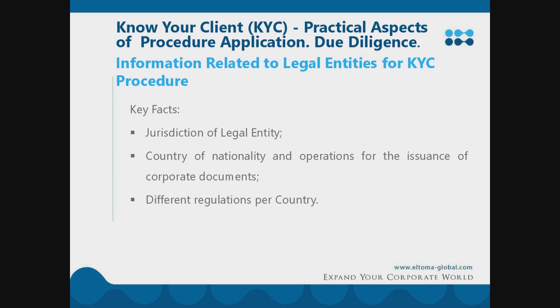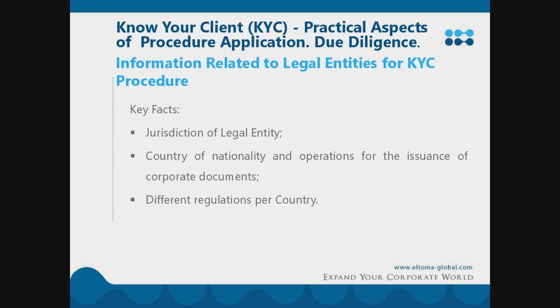Also, there are some key factors that influence the formation of the client's risk. It's the jurisdiction of the legal entity. As I told you previously, FATF every year publishes a blacklist of countries where there is a really big risk of money laundering. For now, there are 11 countries such as Trinidad and Tobago, Lebanon, Korea, and so on.